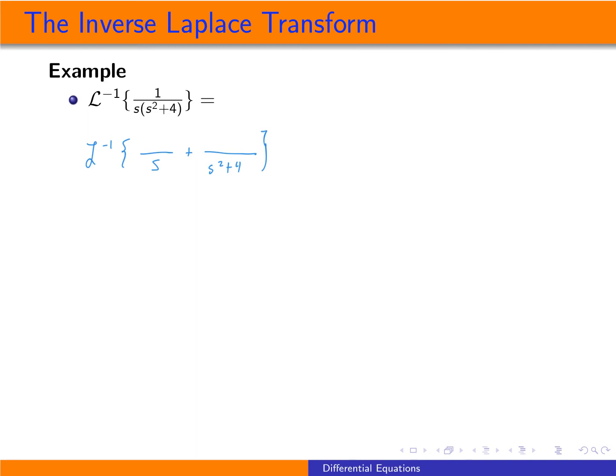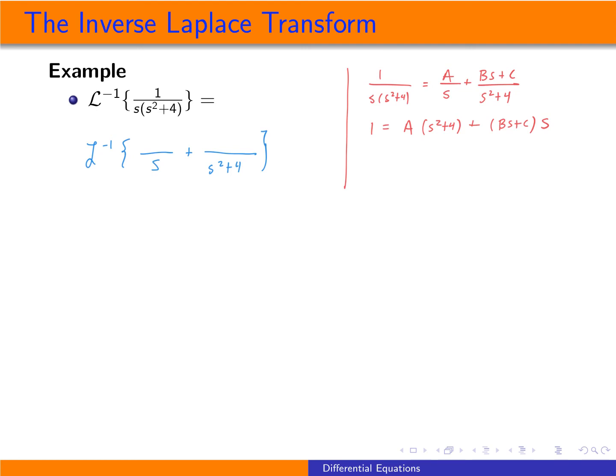And this is something we can just find to the side. 1 over s times s squared plus 4 is going to have this form: a over s plus bs plus c over s squared plus 4. So clearing fractions, we would have the s terms cancel in the first piece, so just a times s squared plus 4. And the s squared plus 4's cancel in the second term.